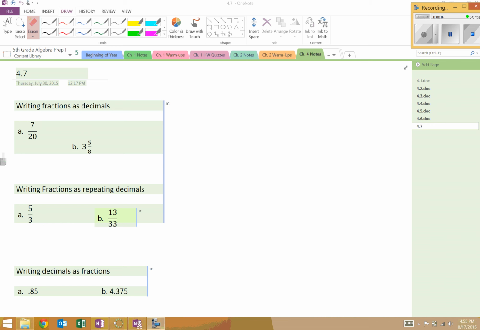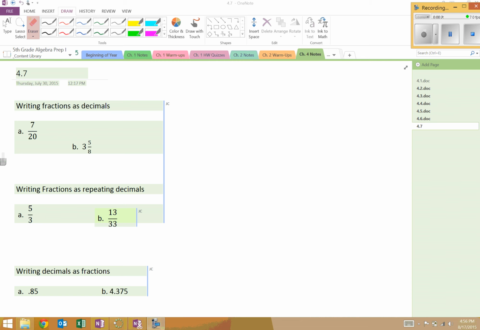All right, writing fractions as decimals, and the other way around, is our last order of business here. To write a fraction as a decimal, essentially what you're going to be doing is a little division. So the key is to know how to set it up.